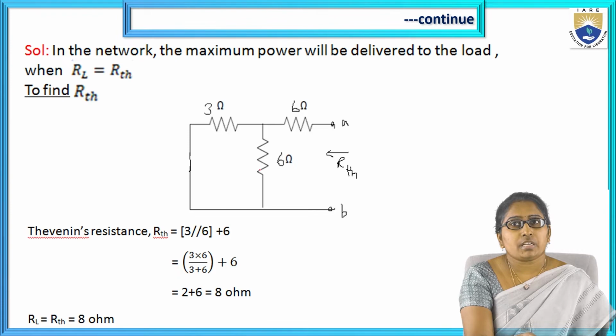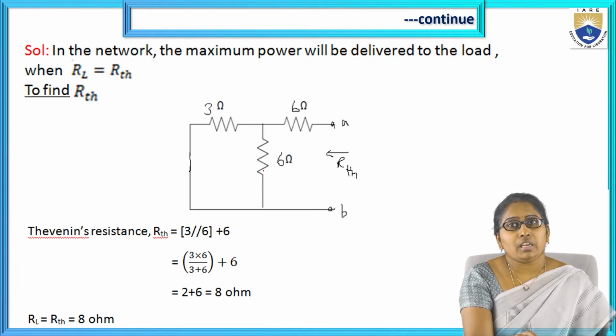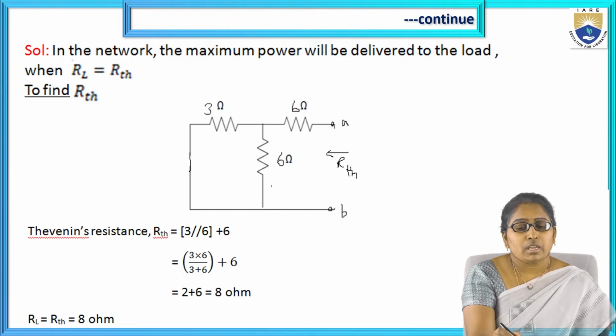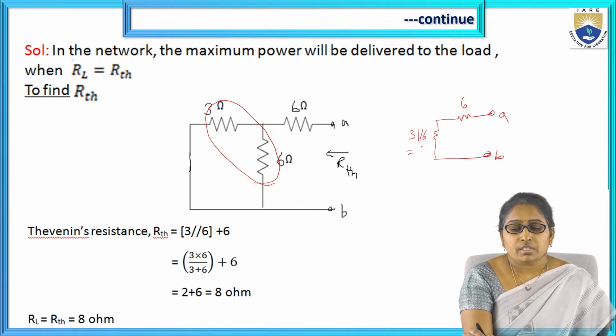If we start reducing the circuit from this side, these two are in different paths, so currents are different, that means they are in parallel connection. First we calculate the equivalent of these two elements, 3 and 6 ohms: 3 into 6 by 3 plus 6, which means 2 ohm.